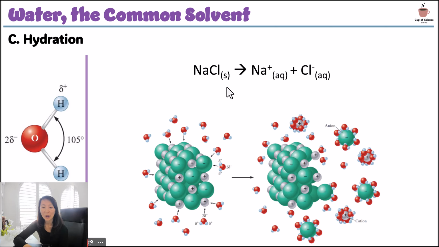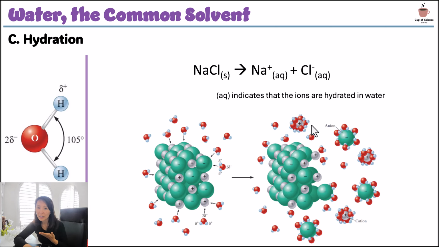If I were to put that sodium chloride, which is solid, right here, in water, it will split off into Na plus and Cl minus. And you see the sign AQ. AQ means aqueous, and it means that it is dissolved in water, that they are hydrated by water. Sodium is still in there, chlorine is still in there.